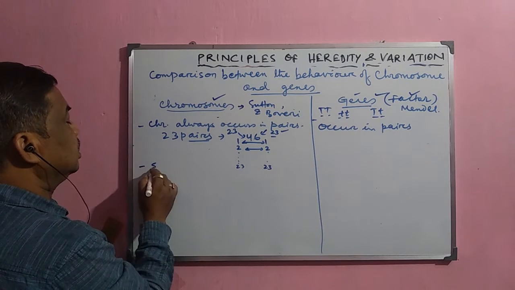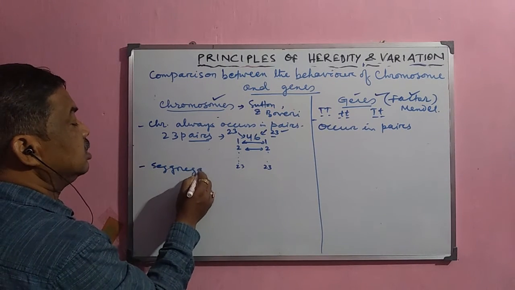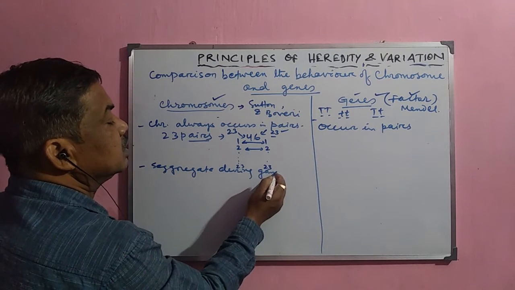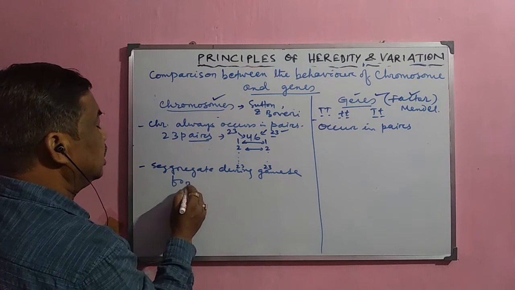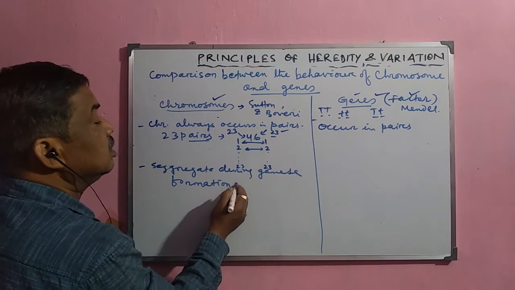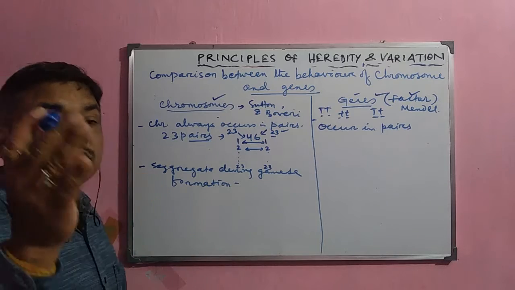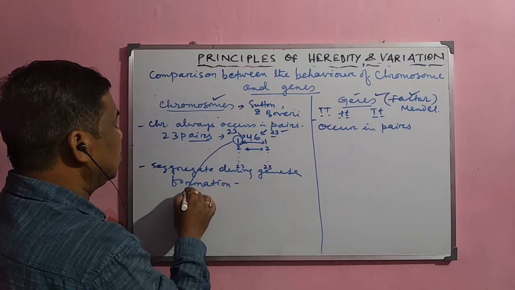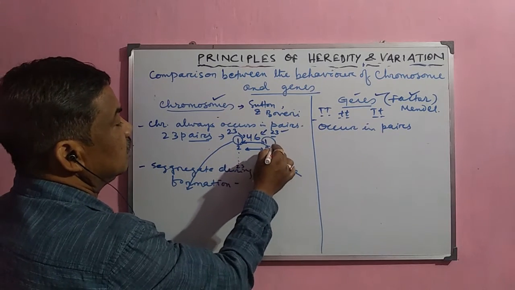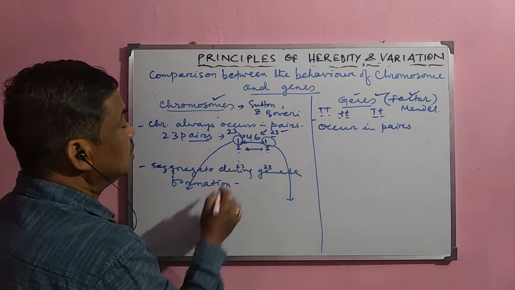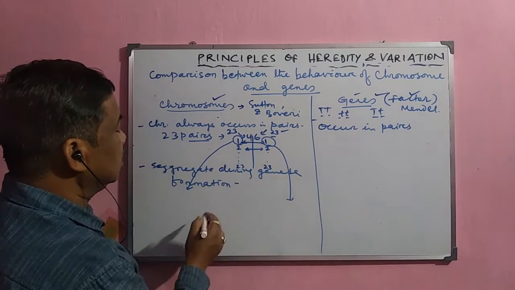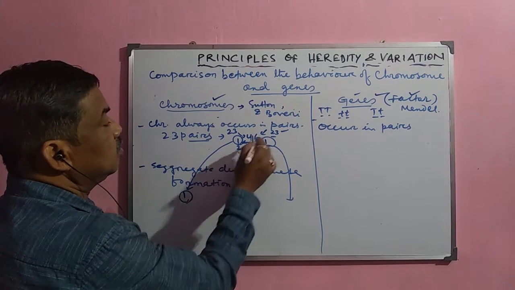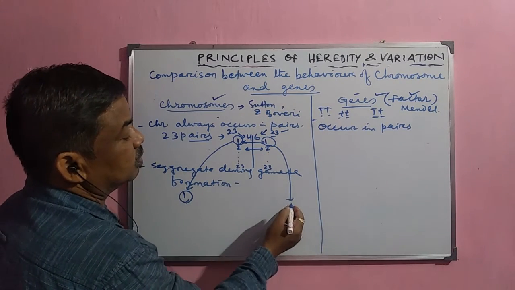Second, they normally segregate during gamete formation. During segregation, the chromosomes segregate in such a way that, suppose this is one of the homologous chromosomes and this is another of the homologous chromosomes, these two actually split from one another, and one of the homologous pair comes here and the other goes here.